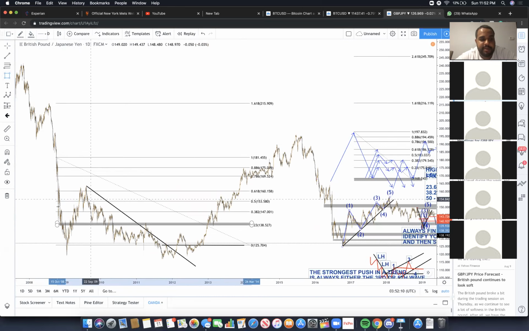Right? Here's my 23.6% zone. Here's my 38.2 zone. This is way too thick.